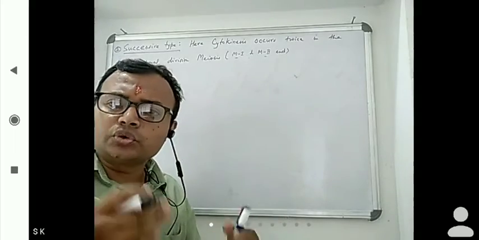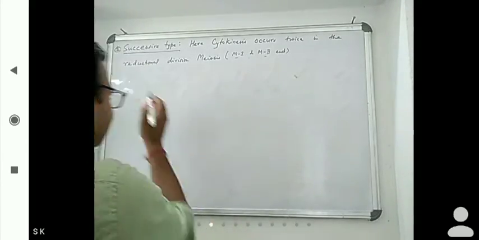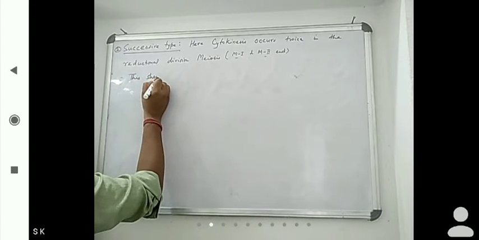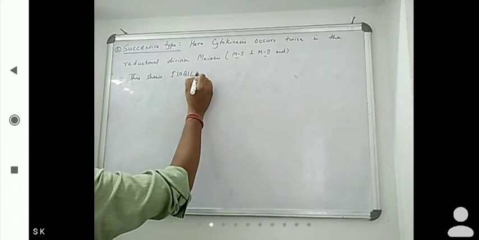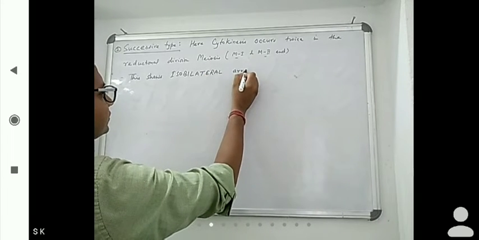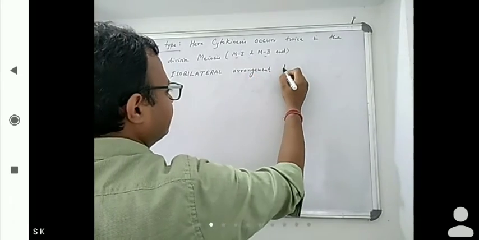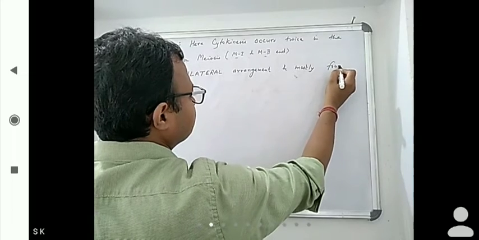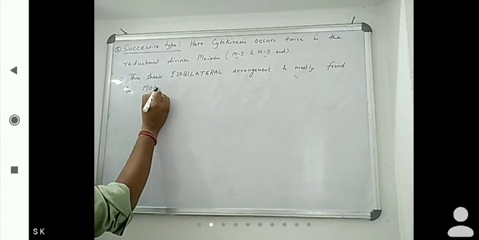Okay, this shows what? Isobilateral arrangement. That was tetrahedral. Here this shows isobilateral arrangement, and mostly found in monocots.